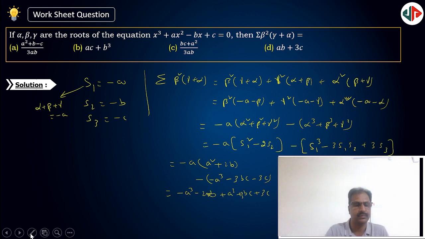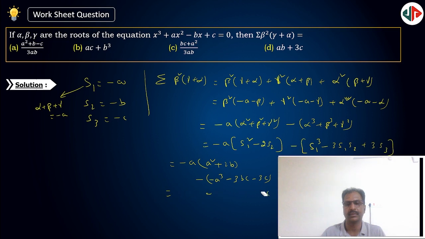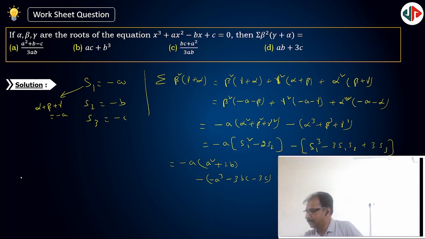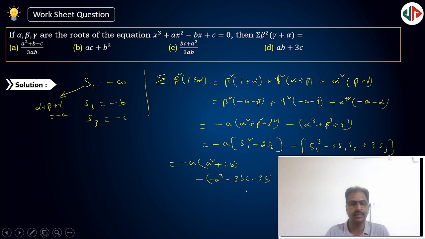Here I wrote wrong. So S1 cube is minus A cube, minus 3 S1 S2.